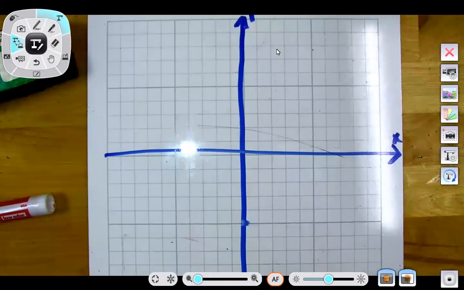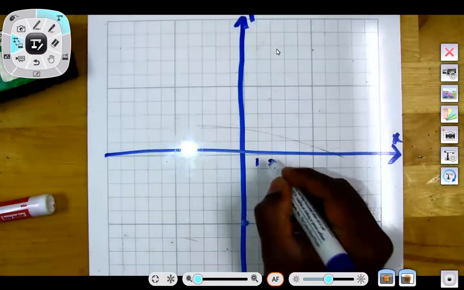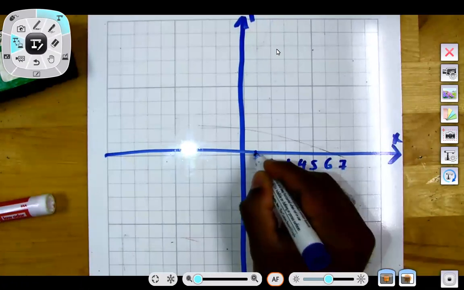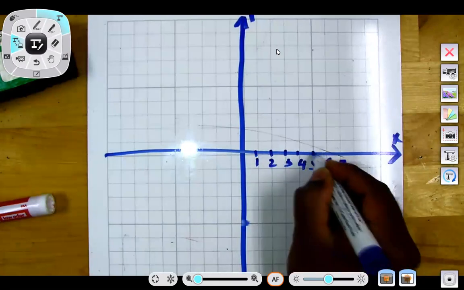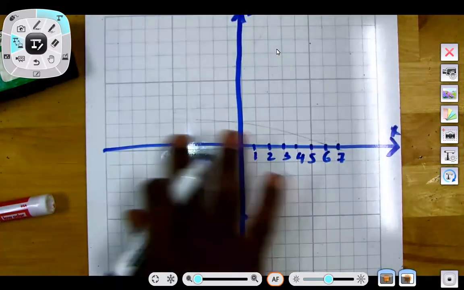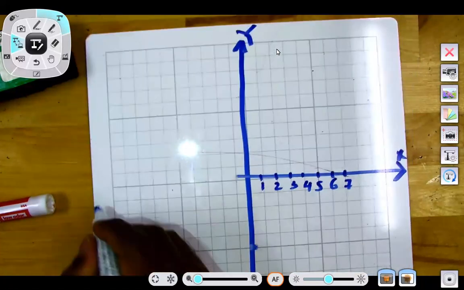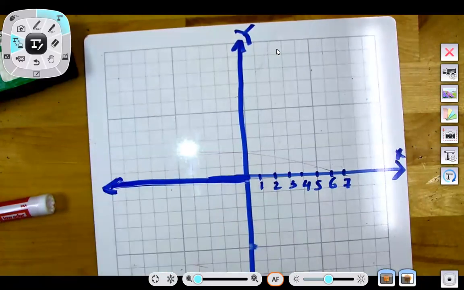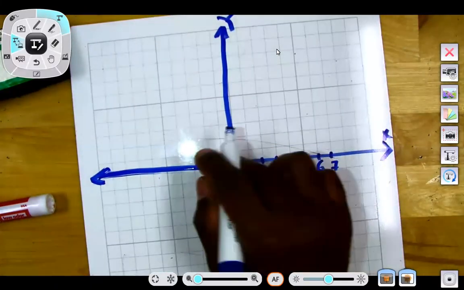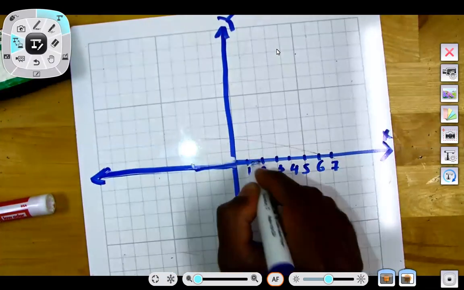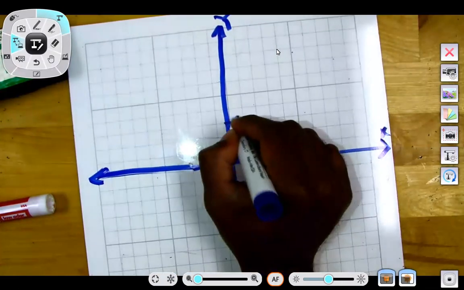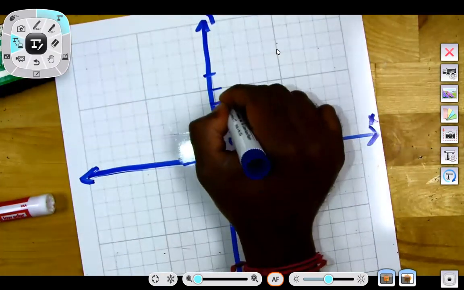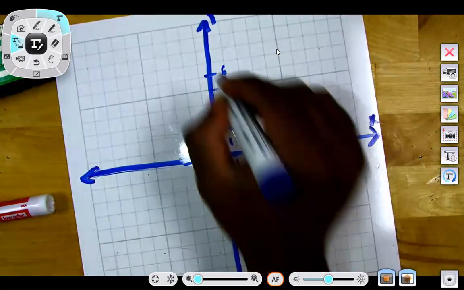So if I have a point over here, just say 1, 2, 3, 4, 5, 6, 7, each grid. Same thing over here. If you have the same grid, it's going to be down in here, 1, 2, 3, 4, 5, 6, 7.